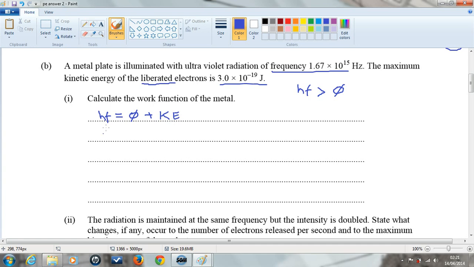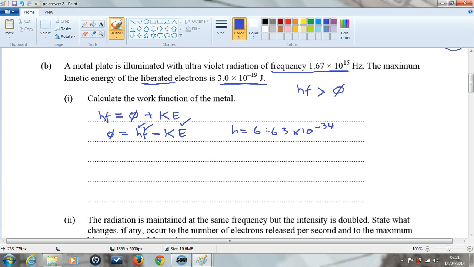Now I can rearrange this to get it in terms of the work function. Okay, the work function is going to equal my HF, and I take my kinetic energy to this side, so it becomes minus KE. Now my kinetic energy I have, my frequency I have, and I know that H is equal to 6.63 times 10 to the minus 34.